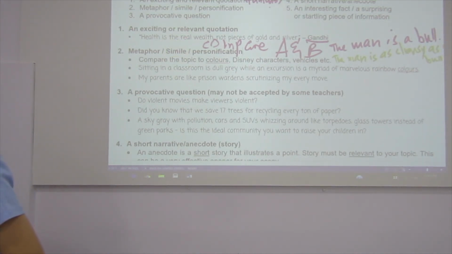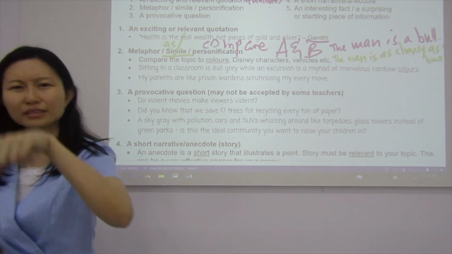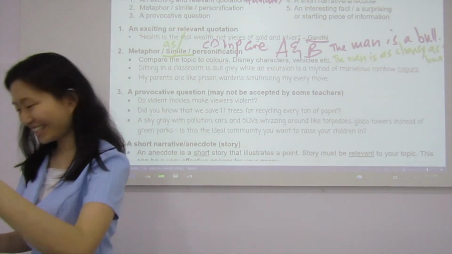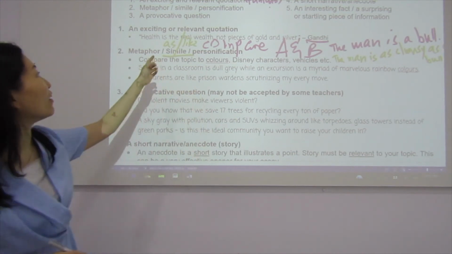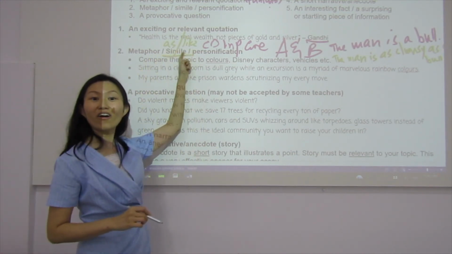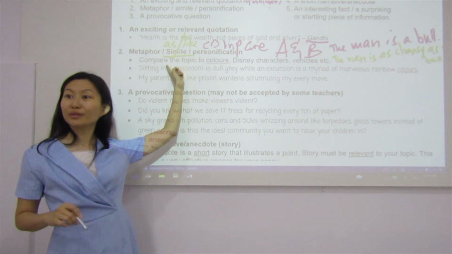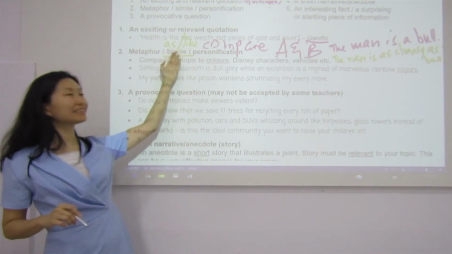Which is the other possibility? Anybody knows? We can also use another word, starting with L. Like. Very good. So that's a simile. Either as or like.